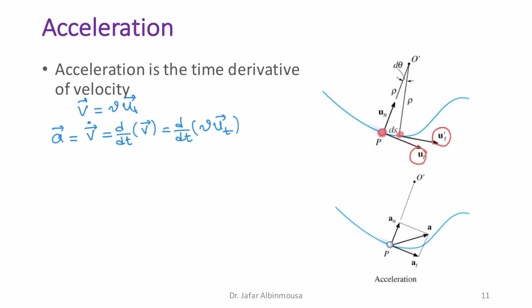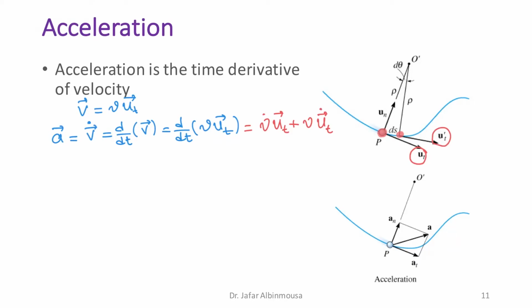And for that, we can't take the derivative only of the magnitude. We have to take the time derivative of the magnitude and the time derivative of the direction. And this equation will be v dot ut plus v ut dot.